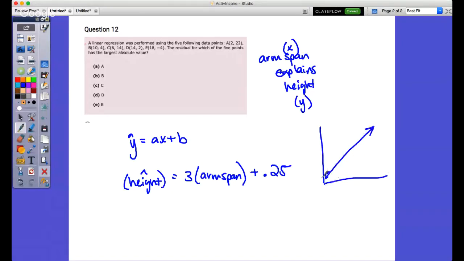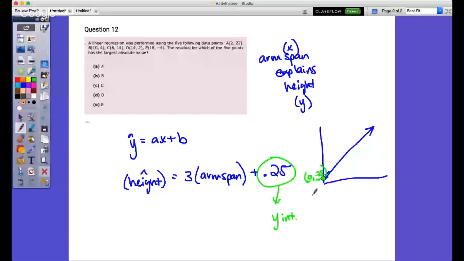slope. A couple things on this that I want to note. This right here is my y-intercept, okay? What that means is that the point would be (0, 0.25), meaning in basic algebra terms, that when x is 0, y is 0.25.